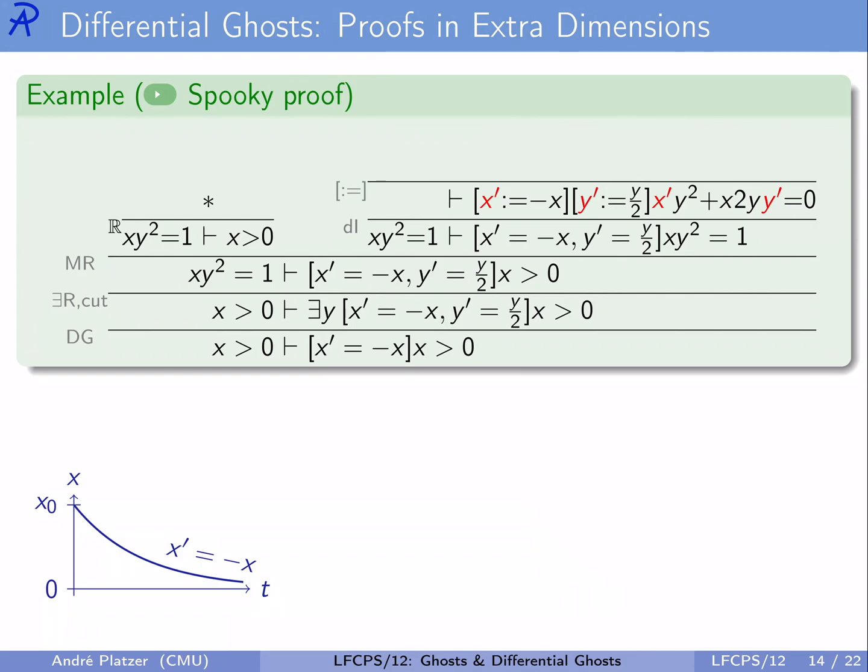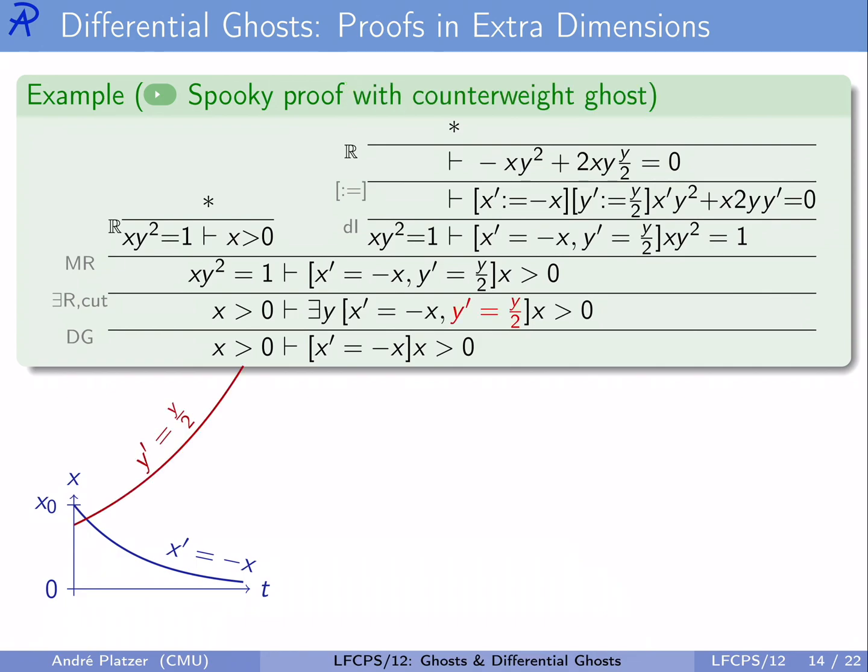And then we plug in x prime here and y prime there, which will give us minus x times y squared plus 2xy times y over 2. Well, that now proves very easily, because minus xy squared plus the 2's cancel, xy squared minus xy squared is of course 0. So that's very easy to prove. Brilliant. We have a proof.